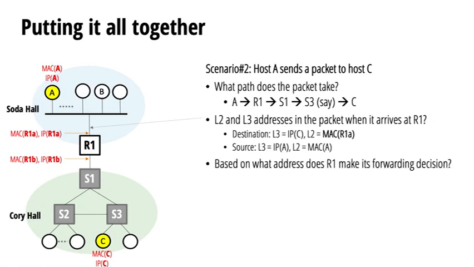So that's at that point. What about, based on what address is R1 now making its forwarding decision? So now think back to the layering we talked about. The packet came in at R1. It said this was my MAC address. So I'm going to take off the Ethernet header, pass the IP header up to my routing layer. Inside this router, I'm now going to look at C's IP address.